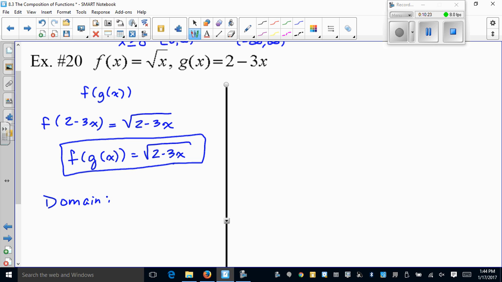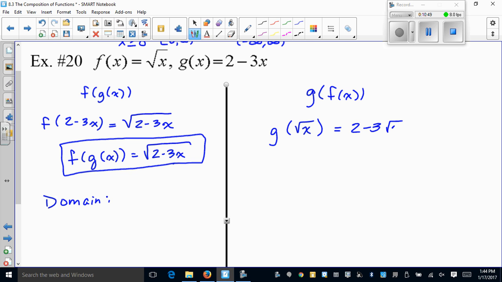So this one is going to be g of f of x. So this is g of square root of x. So everywhere I see x, I'm going to put in square root of x. So this gives me 2 minus 3 square root of x.